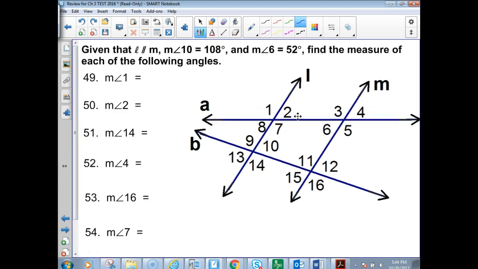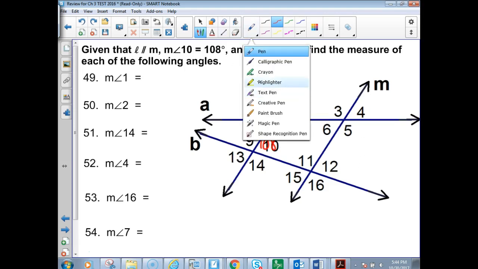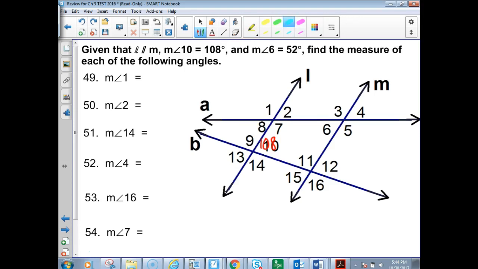Okay. If angle 10 is 108, now that would have to do with L and M being the parallel lines, so we want to be sure that we know what angles have a relationship with each other. L and M are the parallel lines.